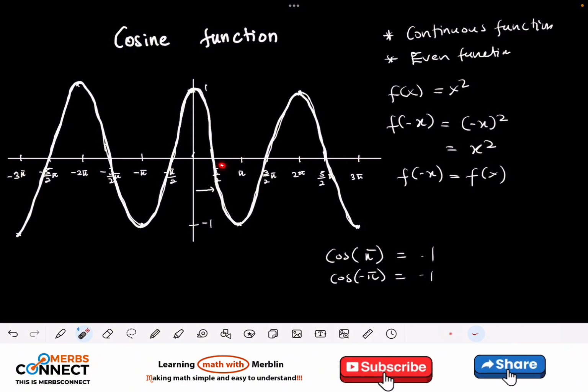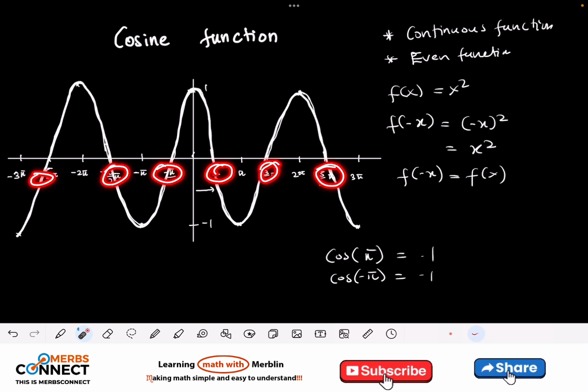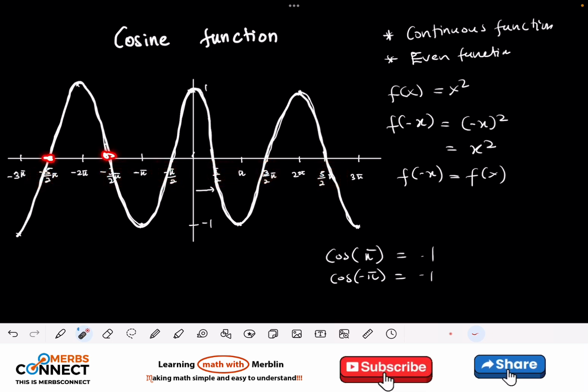But here for cos, all the ones with the fraction get to 0 because we can see that they intercept the x-axis. Now we can see that cos 0 is 1. That's one of the fundamental things that you need to know. Cos 0 is 1, and cos 90 is 0. We'll be saying it a lot.